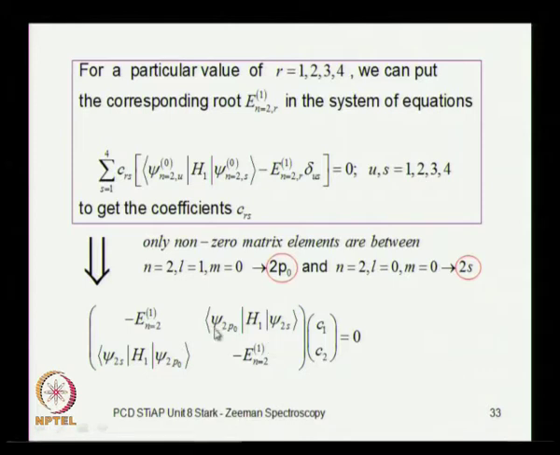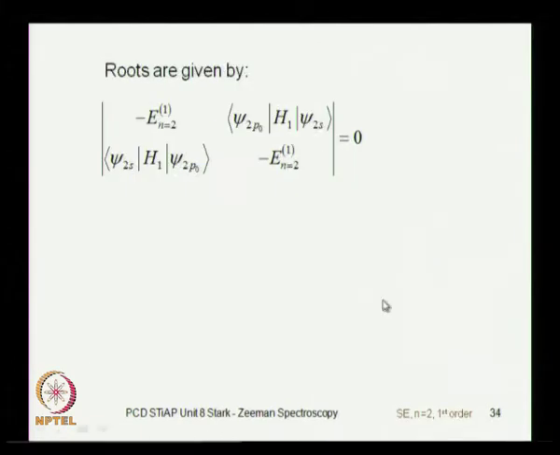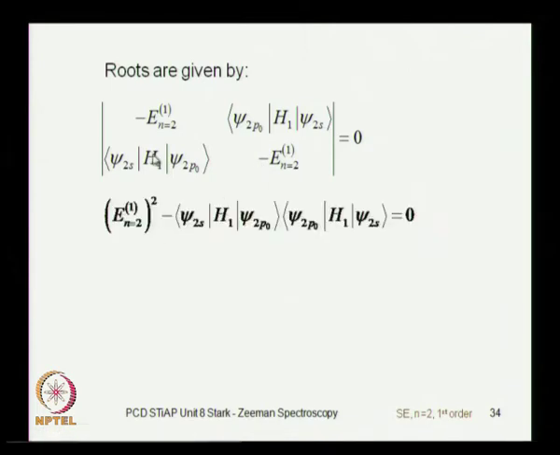So these are the roots that you have to determine, and from these roots you have to determine the corresponding coefficients CRS, which are the unknowns. So let us first get the roots. Now this is a very simple determinant to solve, and the roots are given by this when this determinant vanishes.